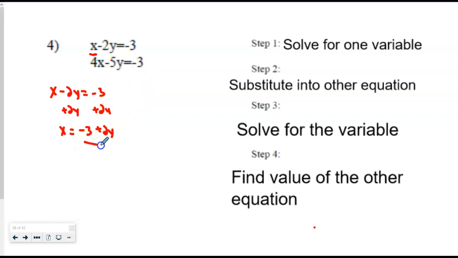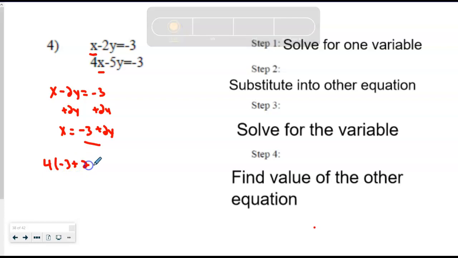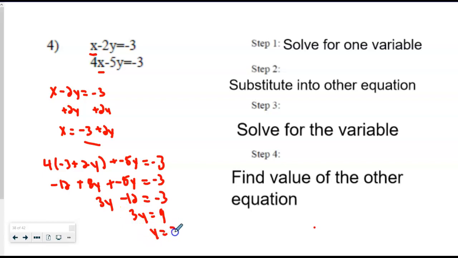And then we're going to substitute this in place of x. So we got negative 12 plus 8y plus negative 5y equals negative 3. So we got 3y minus 12 equals negative 3. So you got 3y equals 9, so y equals 3.